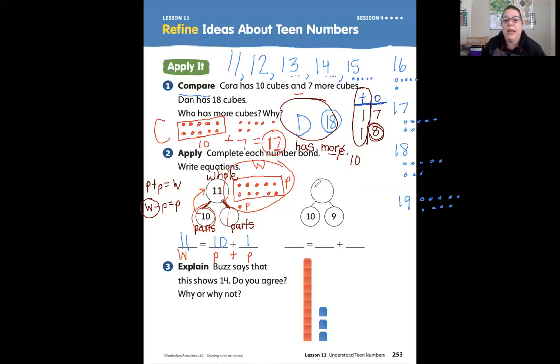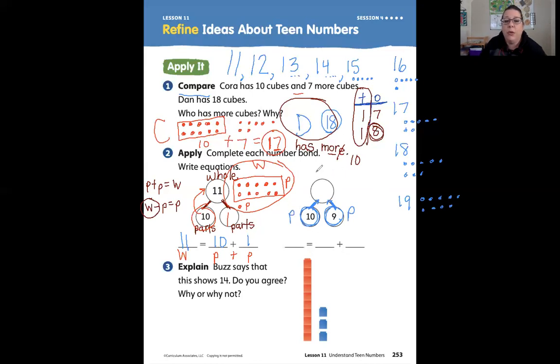Now here I have, oh look, 2 parts, right? Because 2 parts or more are coming either out of the whole or into the whole. This is a part and this is a part.